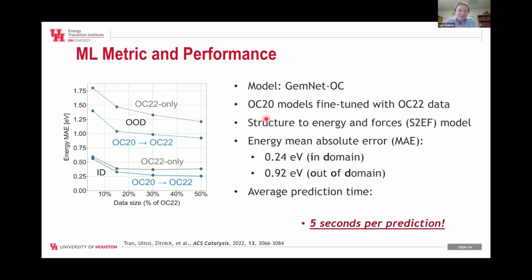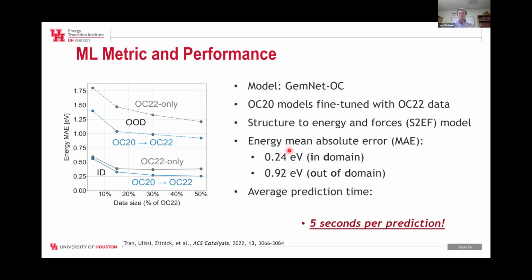Now, the model is relatively good when it comes to materials that it's been trained on. The mean absolute error for materials within the training domain is less than 0.25 electron volts. And that is not too bad. Typical error estimates for a DFT calculation are also between 0.1, 0.15, sometimes 0.2 eV. So it's reasonably good. But unfortunately, the out-of-domain error is rather large.